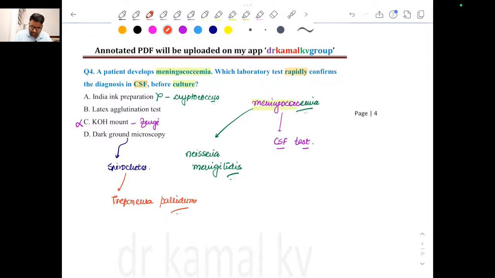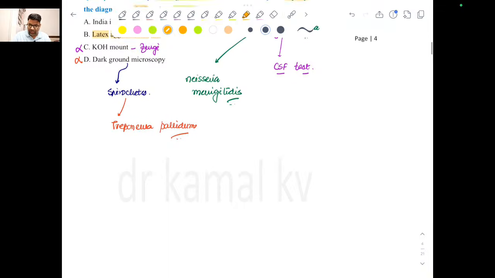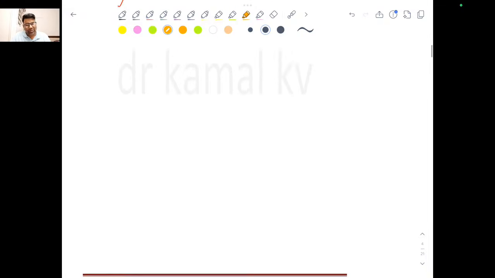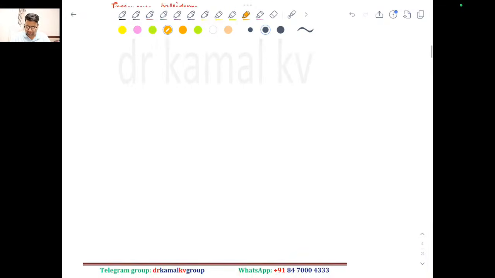So, we can exclude this one also. So, we are left with only one option, that is latex agglutination test. So, this is how at times you can just exclude the other options, and even if you can exclude two, I think you have a good possibility of marking the answer right, and that is how you should approach the paper of NEET-PG. If you can exclude two, then only try attempting that particular MCQ, right. So, at least two have to be eliminated, and then you can try your luck between the remaining two.